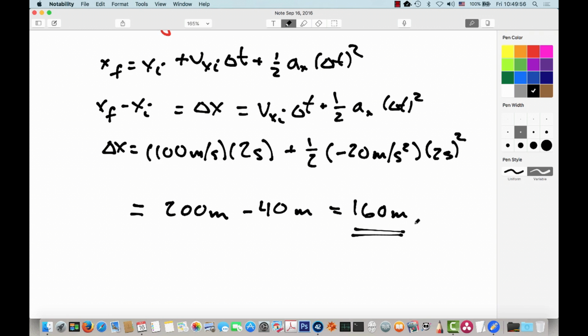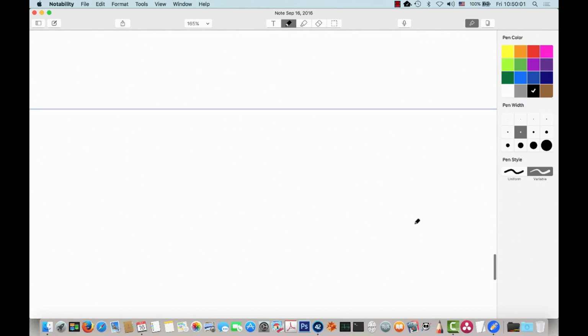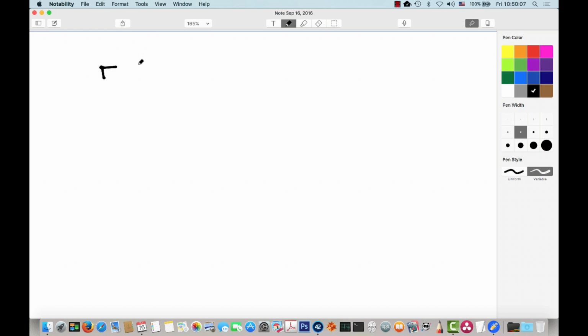Okay, let's do one more example of how to do this sort of thing. Let's say we have a car slows down. All right, so we'll draw a car. Car slows down from 100 meters per second, v initial x equals 100 meters per second, to 40 meters per second.